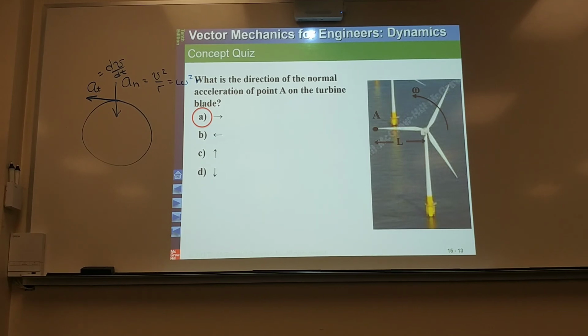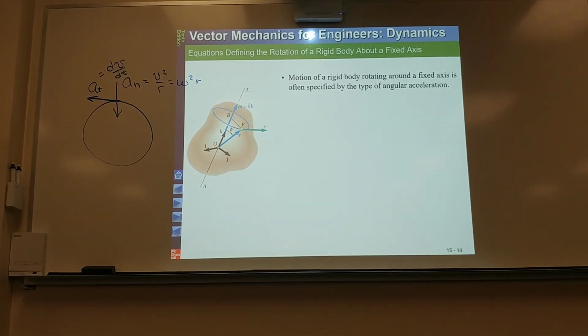Yes, so up or down depending on whether omega was speeding up or slowing down. And again, we could do that big long cross product and we would get that equation for it. Let's stop here and do a couple examples.